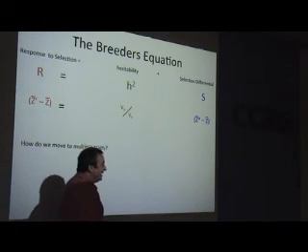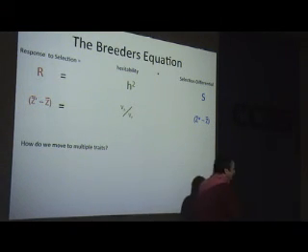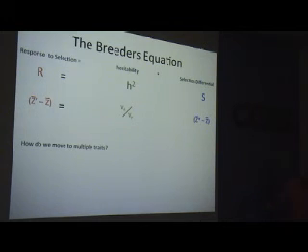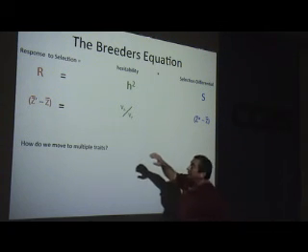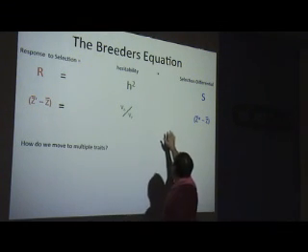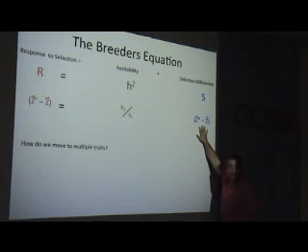So we can now deal with multiple traits in exactly the same way. Here's our breeder's equation. And again, we have S, which is the change in the mean phenotype as a result of selection. By the way, when I was describing it last time, I said Z was the population before selection.